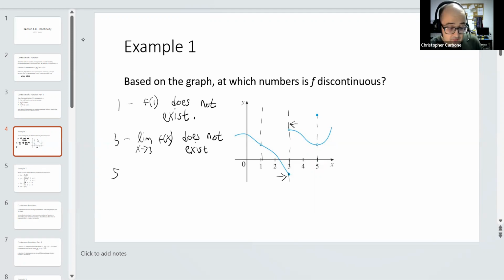So at 5, it's discontinuous because the limit as x approaches 5 of f of x does not equal f of 5. Because of that, not continuous. Again, even though we do have a limit there, it is not the same. So because of that, not continuous.